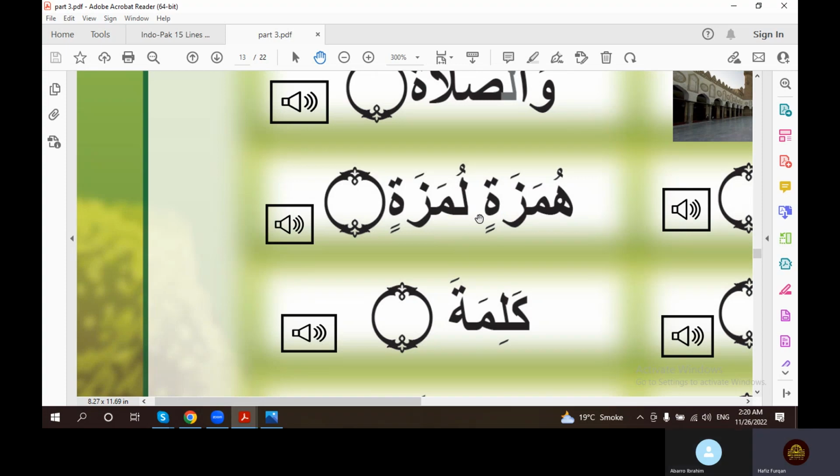Normally in tin, the noon sound comes at the end. But when we make the idgham rule, when we merge it, the noon sound is going to be silent. You join the fatha, kasra or damma sound into the shadda letter, into the Yarmalun letter. Do you get it? Yes.